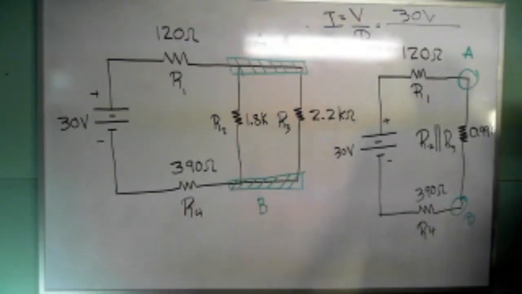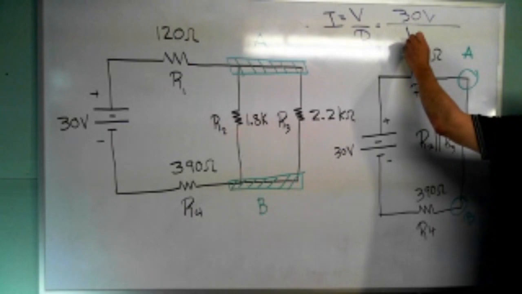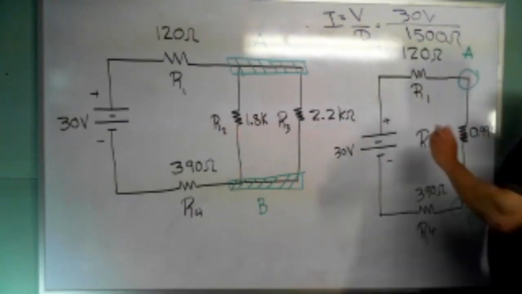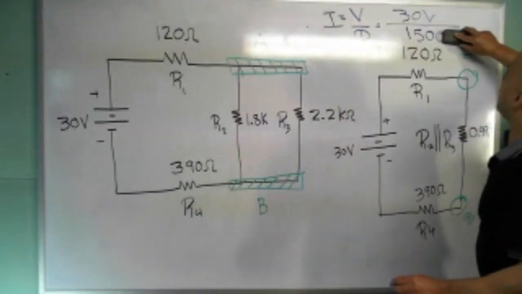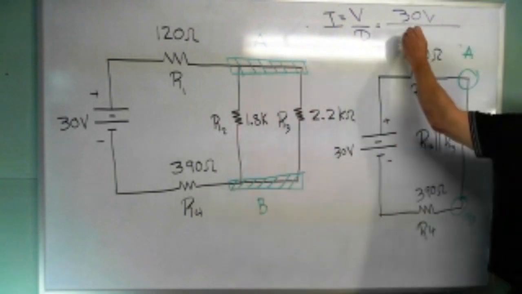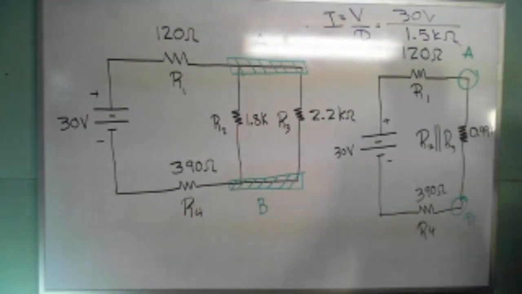Can somebody add that up for me? 120, 990, and 390. $1,500. It's 1,500. I'm going to write that as 1.5 K ohms, just so we keep this in milliamps.